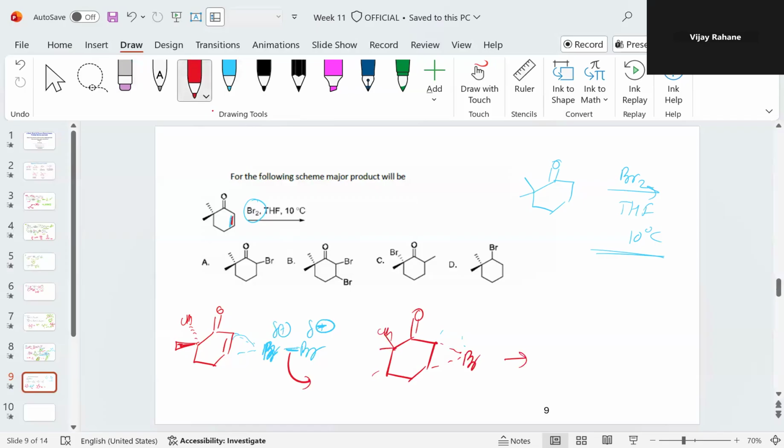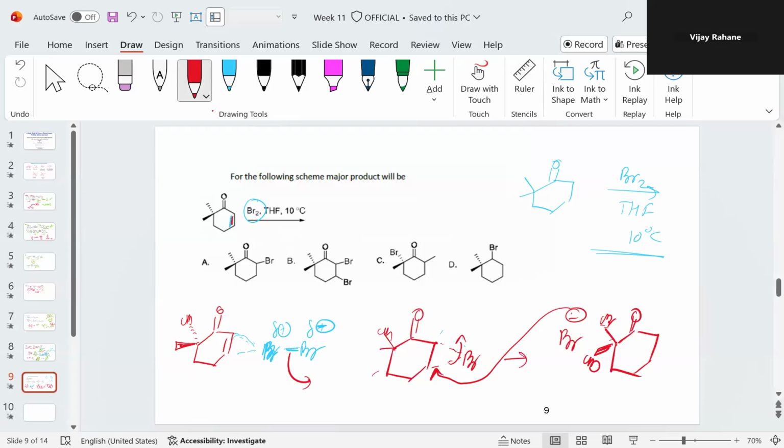In this case, the stereochemistry of the methyl doesn't matter. So what we get is this intermediate. Then the incoming nucleophile, Br negative, attacks on another position, let's say here, from the opposite direction. So overall, we basically get this dotted methyl, and I will draw the stereochemistry: this methyl and this methyl here.